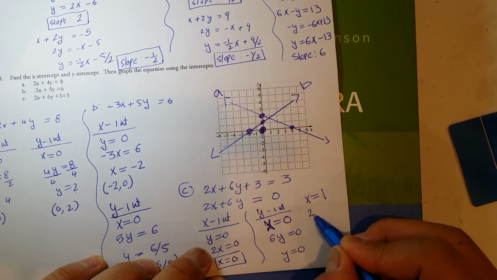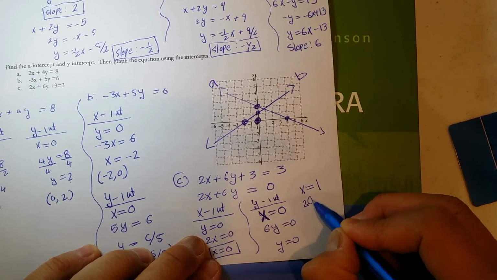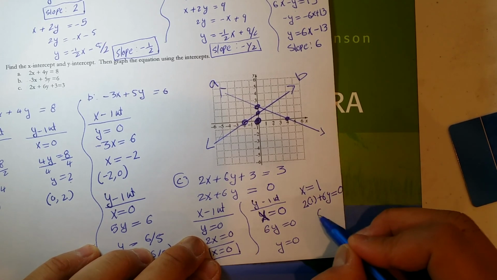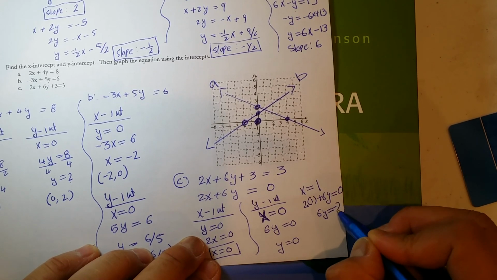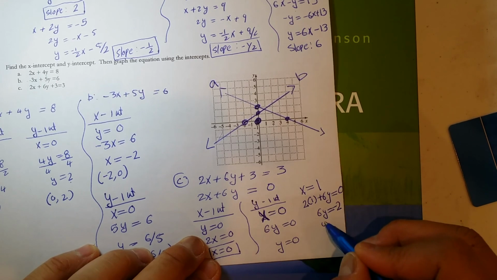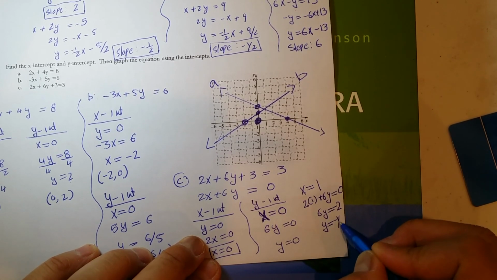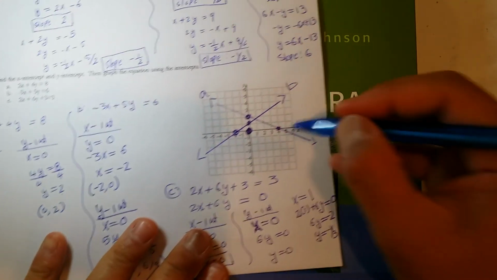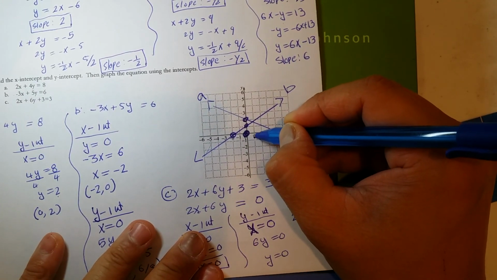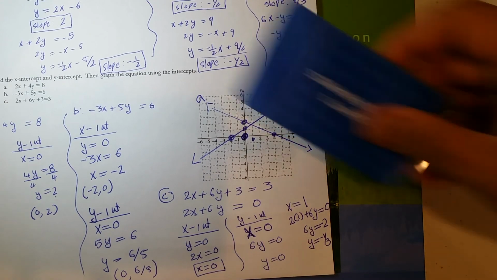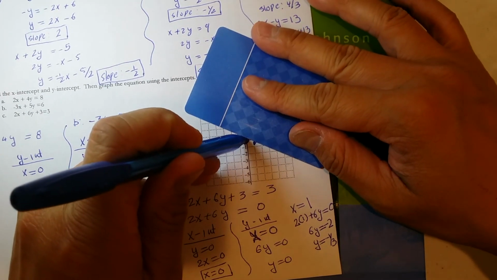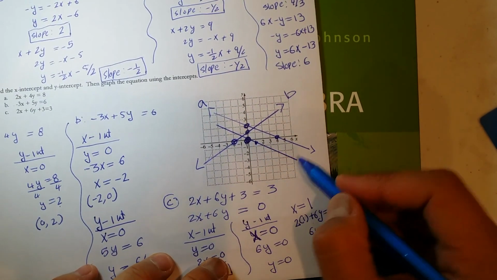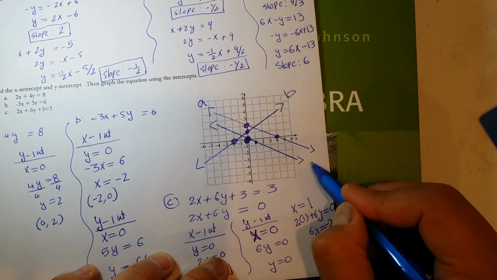When I plug that in here, I get 6y equals -2, because I'm going to have to subtract 2 from both sides. Therefore, y equals -1/3. So it's a pretty small number. So 1 and -1/3, which leaves us right there. So this line right here would be our third line, where the x and the y-intercept are the same.